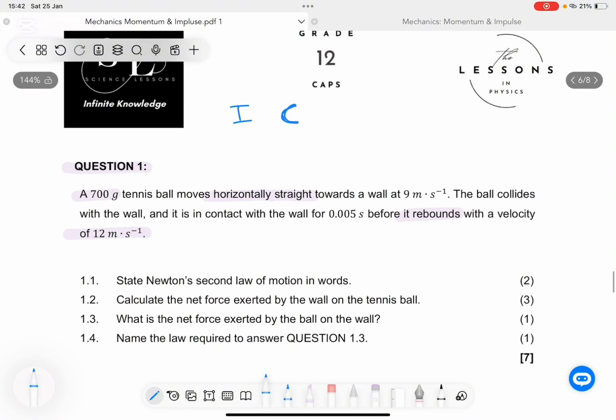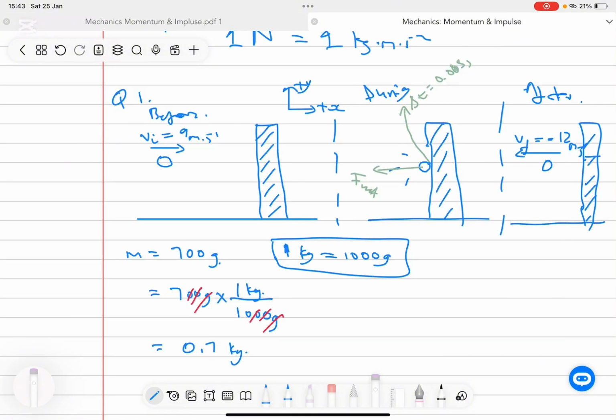Now I'm going to answer my questions. When I do that, I'll call that A to say I'm answering the questions. Question 1.1 says, state Newton's second law of motion in words.